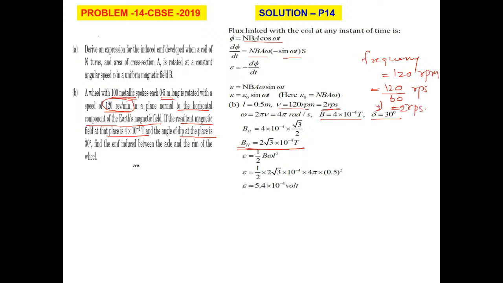So this is the frequency, not the angular frequency. And we know that omega equals 2 pi f. So f is 2 rotations per second. Then omega is 2 pi f, so it will be 4 pi radians per second. We can substitute all the values here and we get the answer as 5.4 into 10 power minus 4 volt.